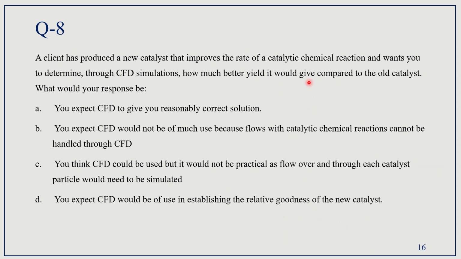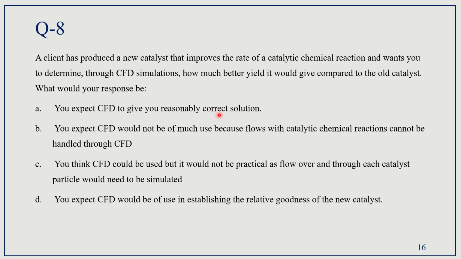Through CFD simulations, is it possible to determine how much better yield it is giving compared to the old catalyst? It is very much doable. So option A, you expect CFD to give you a reasonably correct solution. Obviously we expect CFD to give us a reasonably correct solution. So option A is considerable.